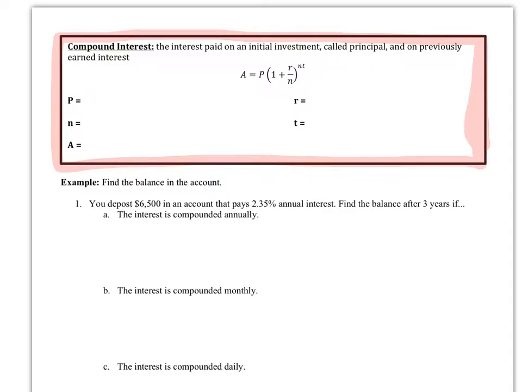P is the initial principal deposited, so it's the initial amount. N is the number of times per year.